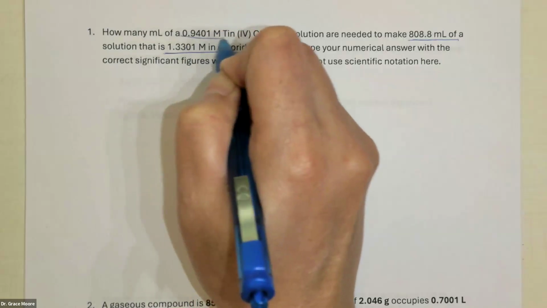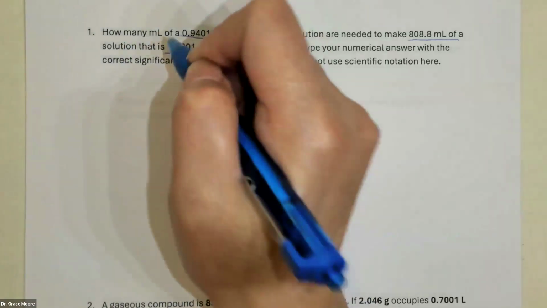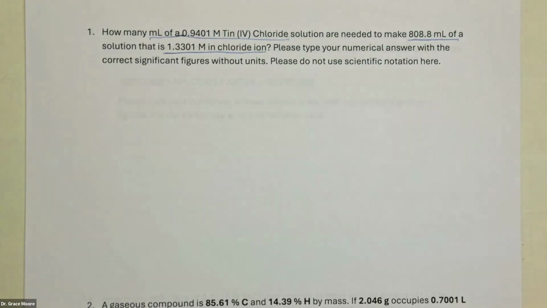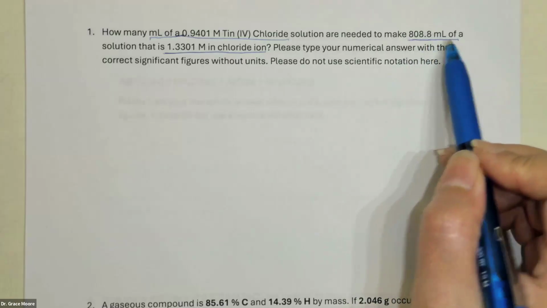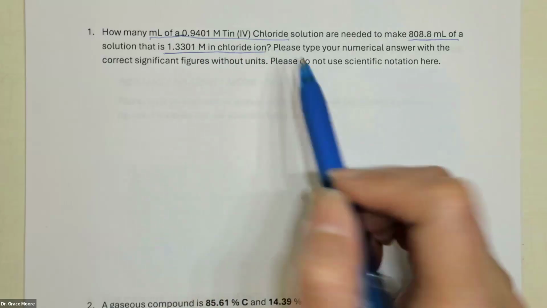So for this question, they're asking about chloride ion, and the source of the chloride ion is your tin(IV) chloride solution. So they want to know how many mLs of the tin(IV) chloride solution you will need to make 808 mLs of chloride ion that is 1.3301 molarity.